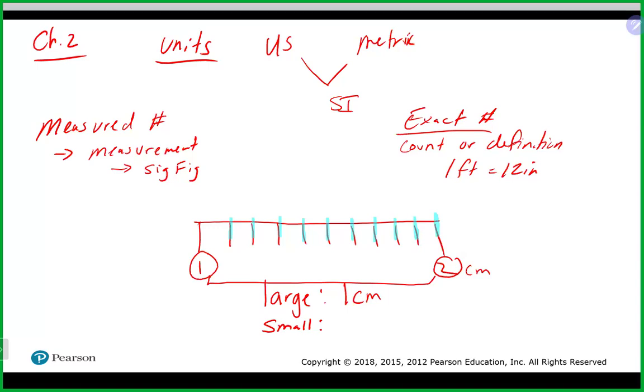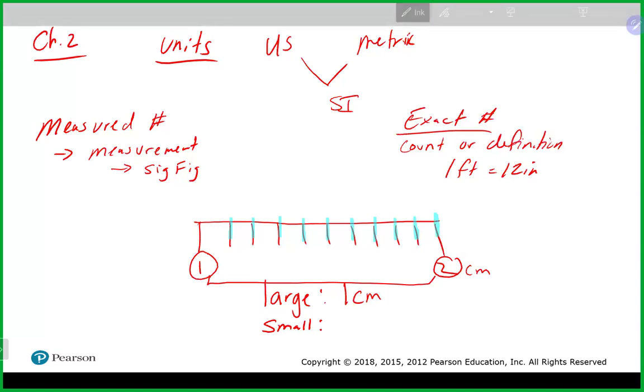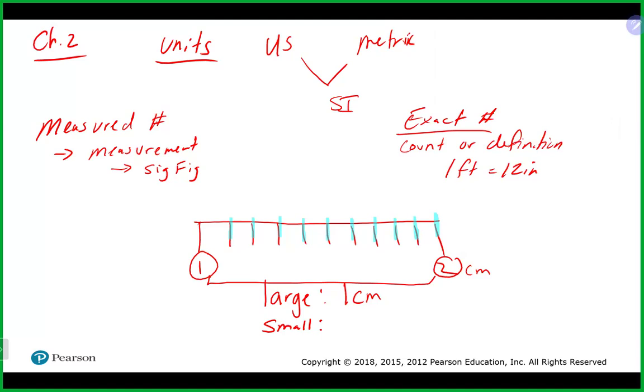What that tells us is there are 10 small markings between each of the larger markings. If you're not sure, all you have to do is divide the large marking by how many small markings there are, and that will tell you that each of those small markings represents 0.1 of a centimeter.